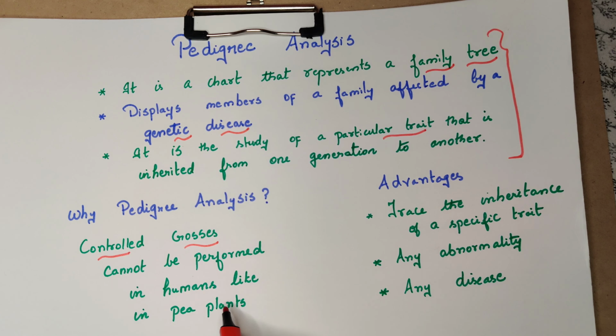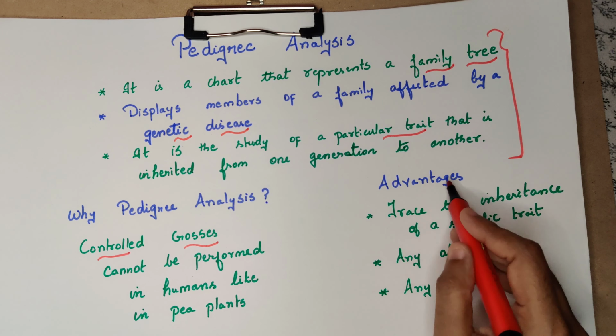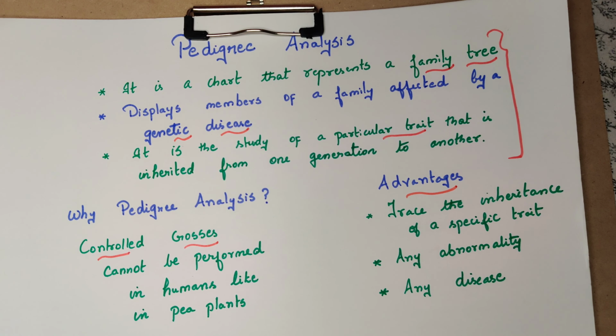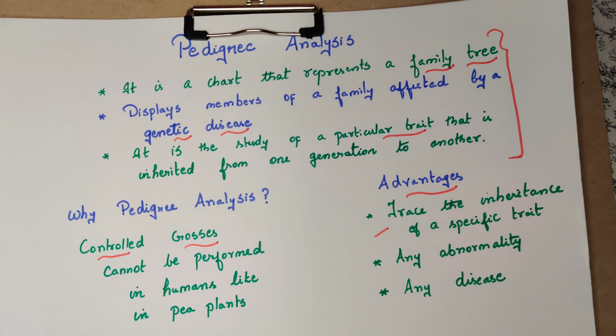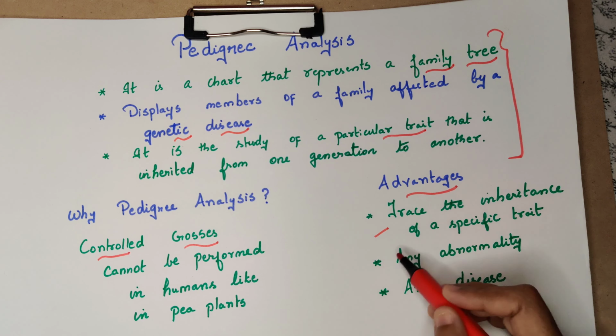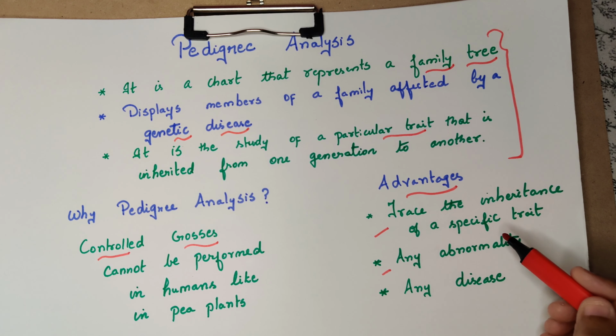So we have to analyze how it runs in the family and find out the past of the particular family. Only then will we be able to arrive at a conclusion. Now, what are the advantages? The first one is that for any specific trait that runs in the family, we will be able to have an idea. Next, how susceptible you are in a family that has a previous history of a genetic disease.